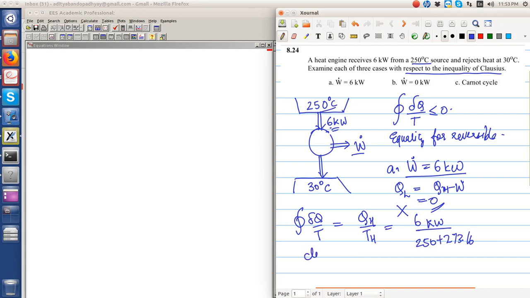So clearly QH by TH is greater than 0, which is not possible. So this particular case violates the Clausius inequality.